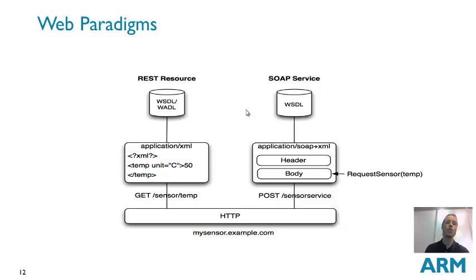Now, there are a couple different ways that HTTP can be used for communications on the web. And the two that people are most familiar with are REST, which we explained a little bit earlier, and something called SOAP, which is really about carrying remote procedure calls over HTTP. We're going to focus on REST here because that's what we found to be most efficient when we talk about simple devices and simple interfaces for IoT.